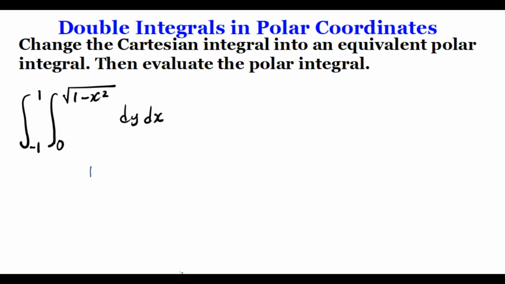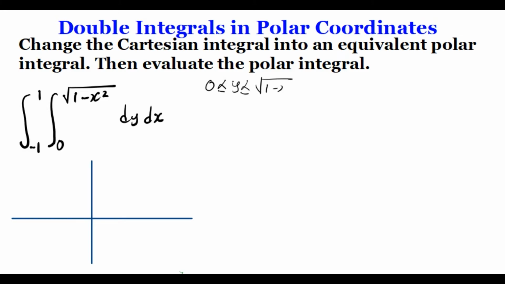We have this as our vertical axis, and this as our horizontal axis. In terms of y, these limits that you have here are in terms of y. Try to view them as functions. Of course, this is 0 less than or equal to y less than or equal to the square root of 1 minus x squared.